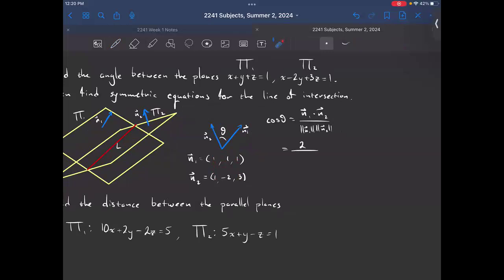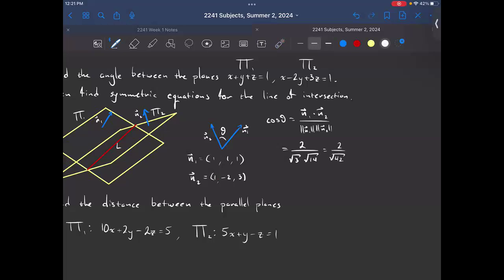And then norms: (1, 1, 1) gives me a norm of root 3. And (1, -2, 3) gives me a norm of 1 plus 4 plus 9 is 14, root 14. So altogether we have 2 over the square root of 48, I think. No, 42.